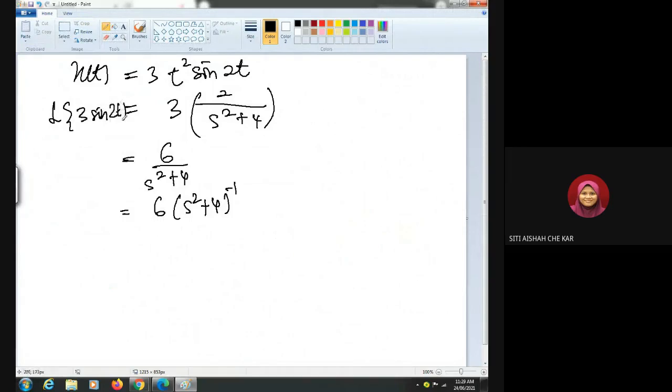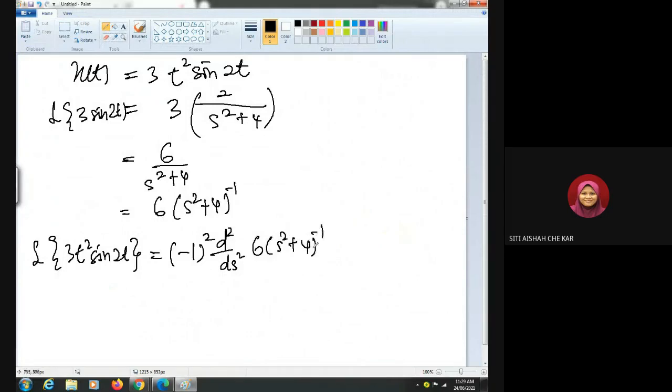Okay. So sekarang kita nak try Laplace 3t sin 2t. So negatif 1 power of 2, 2 kali 6 S square plus 4 negatif 1. So negatif 1 kuasa 1 lah. So differentiate dulu sekali. So negatif 6 S square plus 4 negatif 2, 2S. So you akan dapat dds lah.